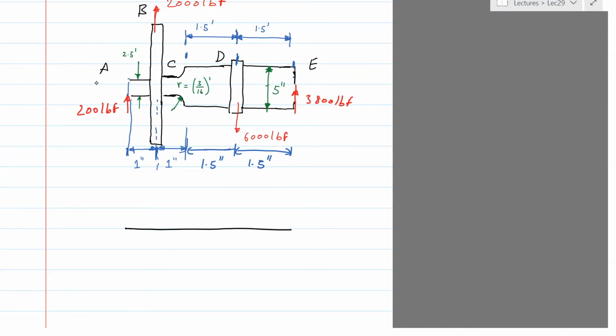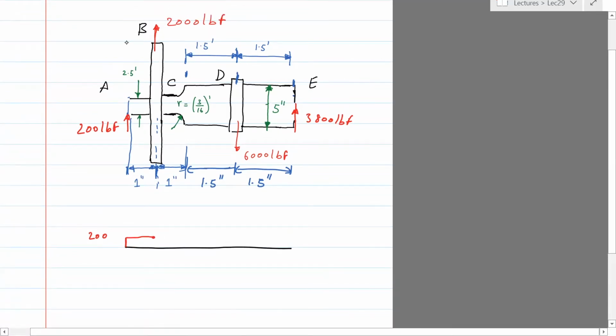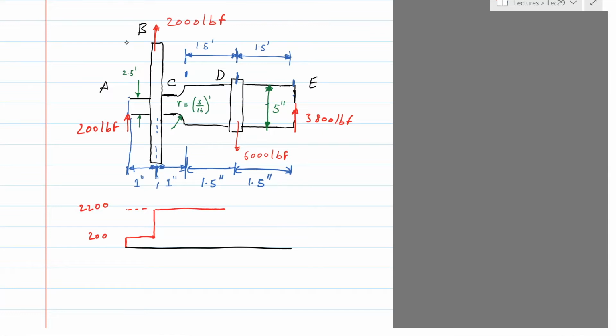Okay, so on the right, it starts and goes to 200. It'll remain constant. Then it shoots up by 2,000, so we need to add 2,000 to 200, and it will keep going all the way to here.